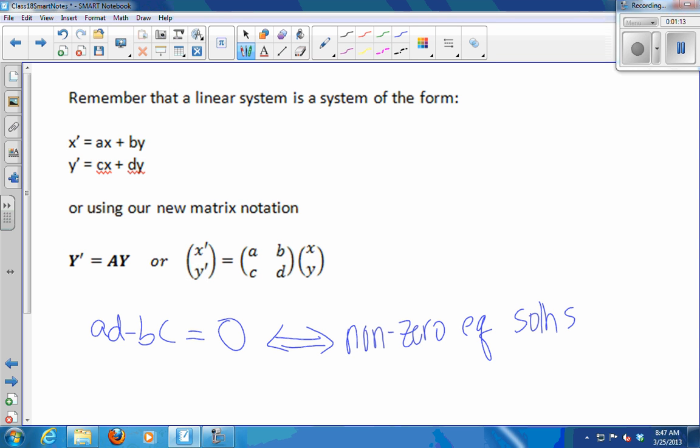So that was our big conclusion. 0, 0 is always an equilibrium solution. And the only way we could have another non-zero equilibrium solution is if the determinant of the matrix, which is AD minus BC, is 0.